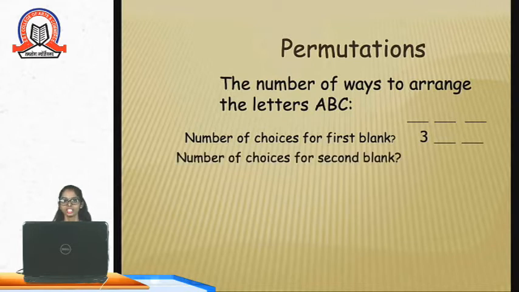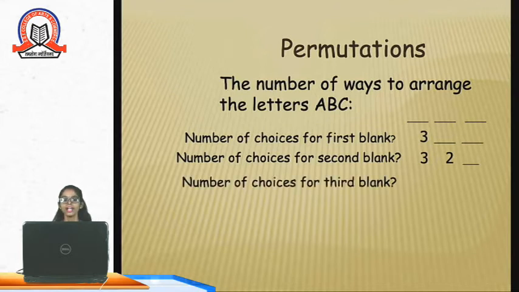The number of choices for the second place is 2, because one letter is chosen for the first place, so the remaining letters are 2, and we choose any one of them. And for the last place, the third place, the number of options is 1.